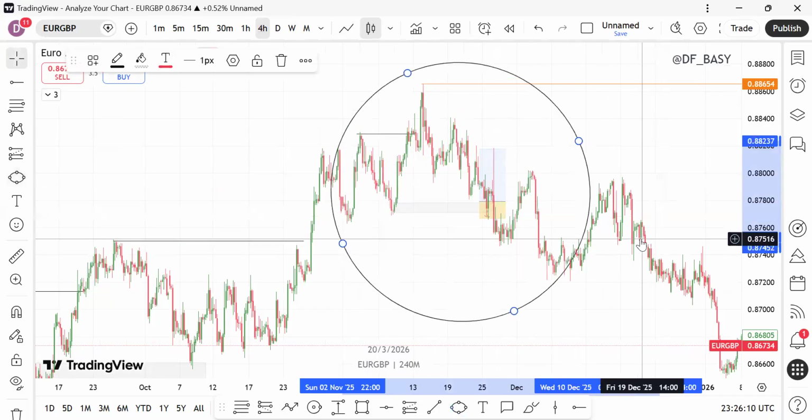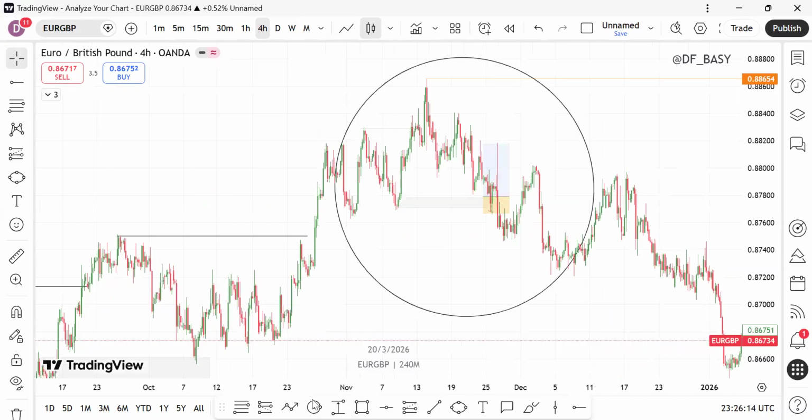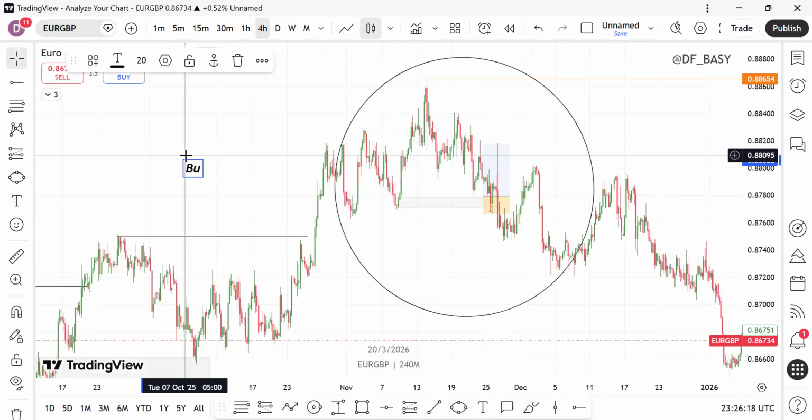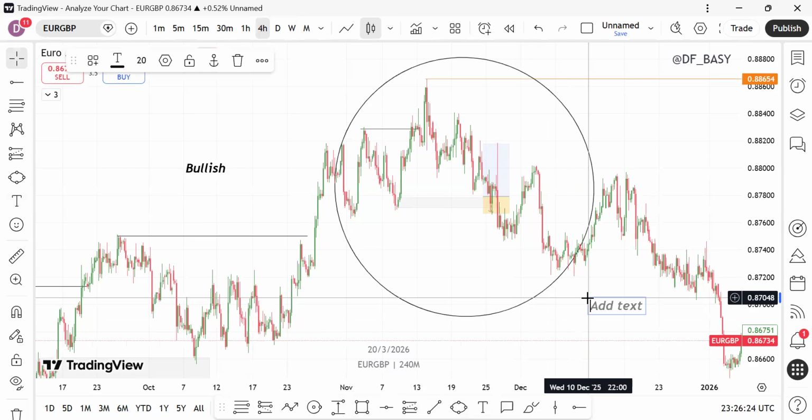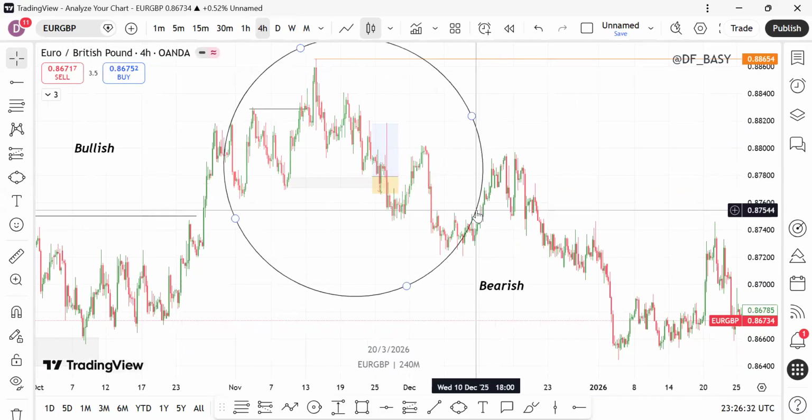You can look closely: there's a change in trend from being bullish here to being bearish over here. It changed from bullish to bearish on the 4 hours time frame.